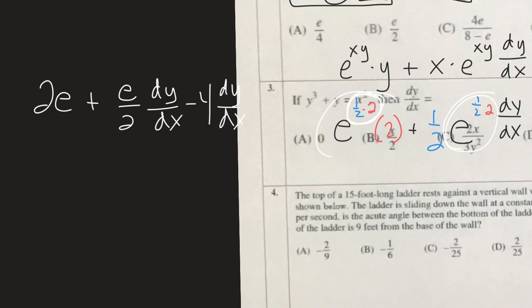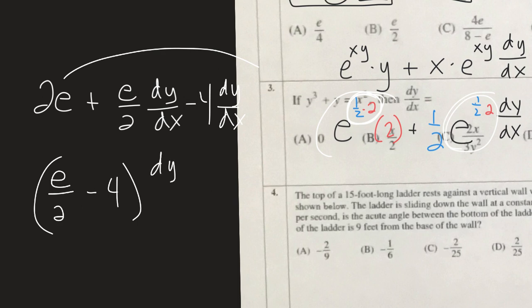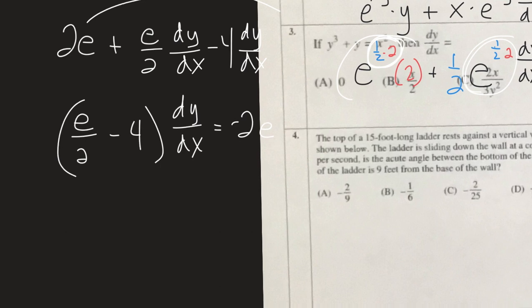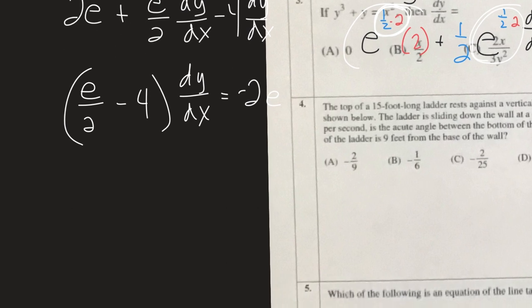Okay, so if I want to solve for dy/dx, I'm going to move my 2e over to this side and then factor out the coefficients of dy/dx. Negative 2e. Looking at all of my answers, I have something pretty fancy over there. So I'm going to change this to be an 8 over 2, so that I have one denominator here, e minus 8 over 2.